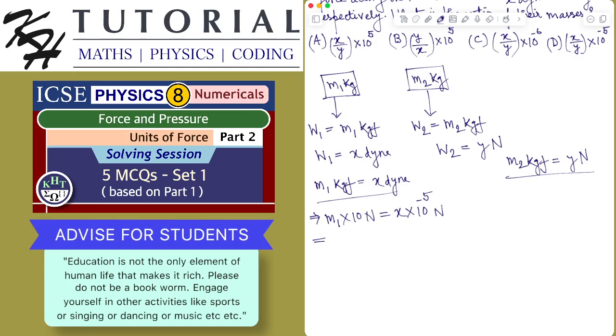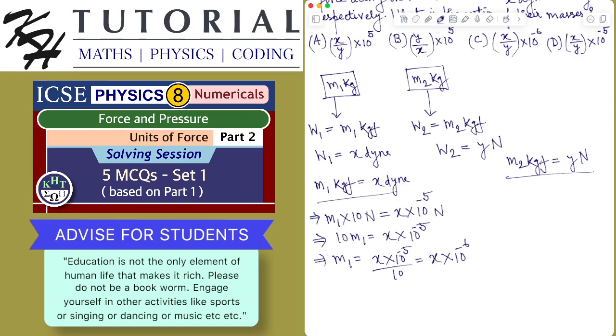So now I can cancel Newton from both the sides and I get 10 m1 is equal to x multiplied by 10 to the power minus 5. This implies m1 is equal to x multiplied by 10 to the power minus 5 divided by 10, and this is equal to x multiplied by 10 to the power minus 6.